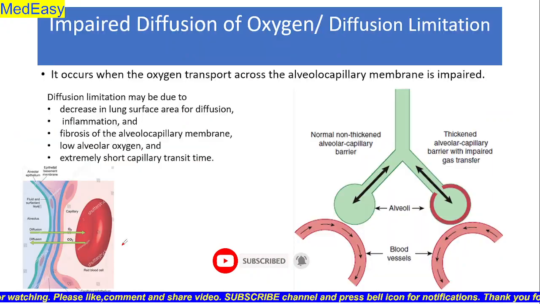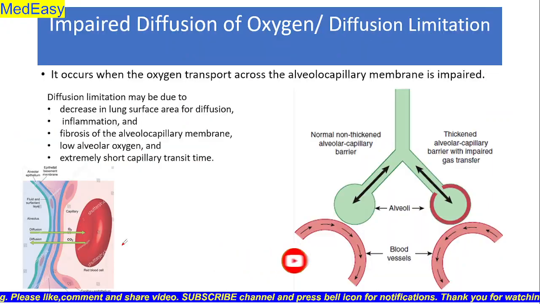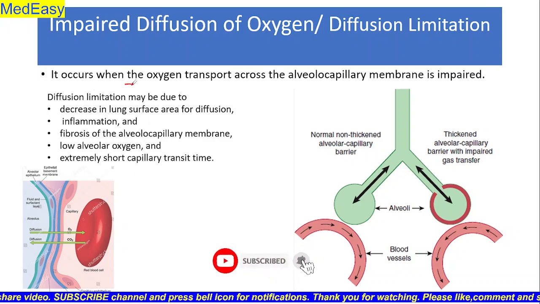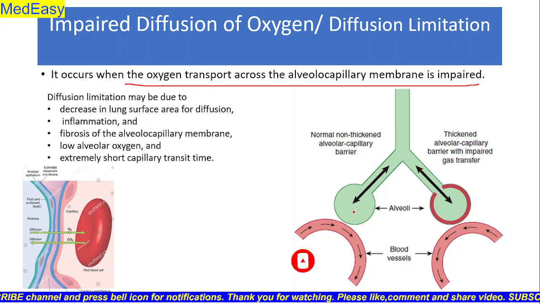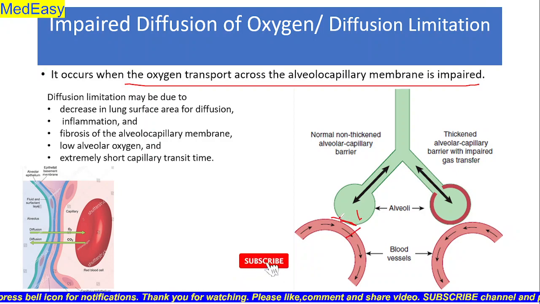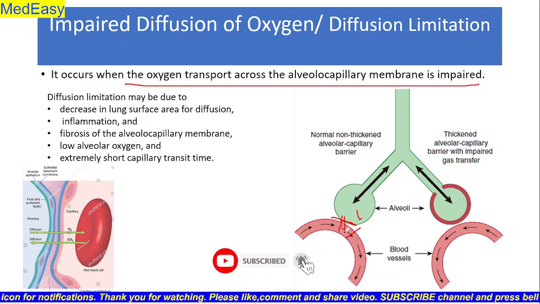Now another mechanism is impaired diffusion of oxygen or diffusion limitation. What happens? There is a problem at the alveolar capillary membrane, that is this part, this alveoli and this is a capillary. Normally diffusion occurs through this membrane, but in certain disease conditions this membrane gets thickened.